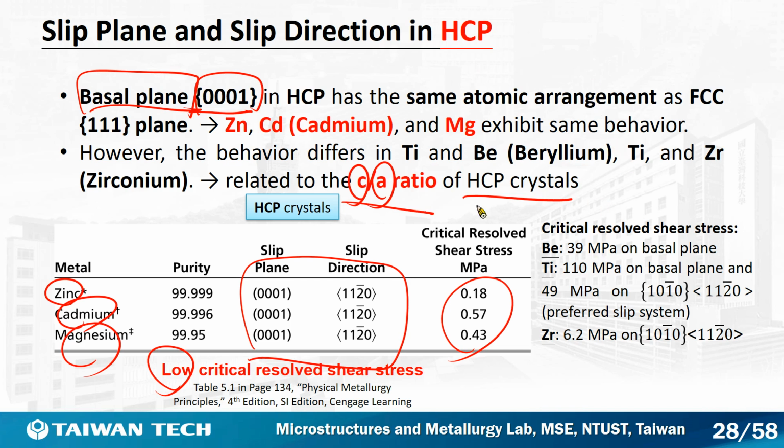And here, for these three, we have low tau CRSS. However, for beryllium, titanium, and zirconium, we'll see that the tau CRSS is very high compared to this one.